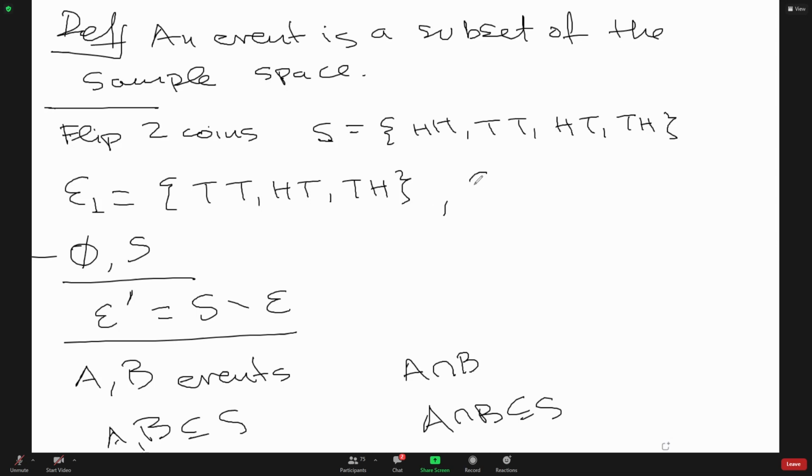For example, if here we had E2 saying that the first outcome is a tail, then E1 intersection E2 is actually the same as E2, right?